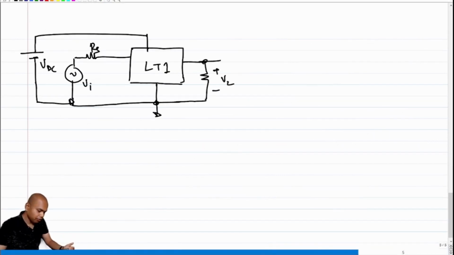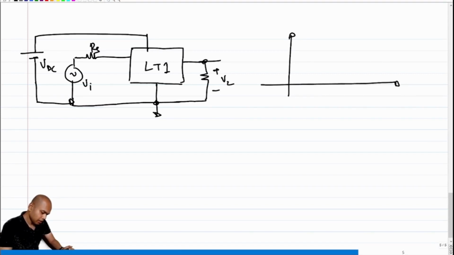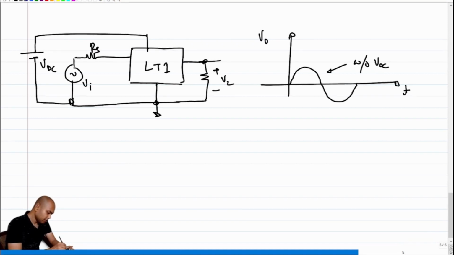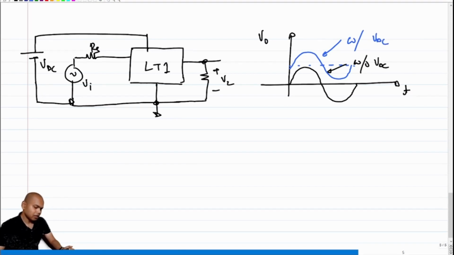So in the case of an LTI system, in the absence of VDC, if this were my output, then in the presence of VDC, this output essentially becomes something like this. So this is with VDC. The peak to peak amplitude of the sinusoid doesn't really change.